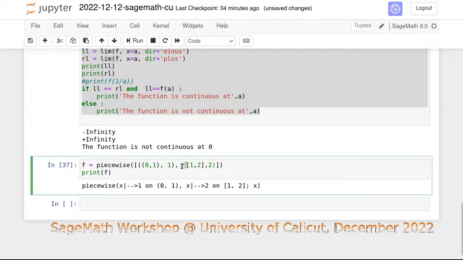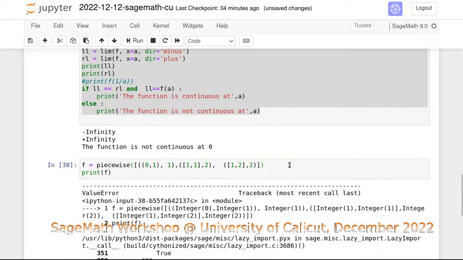So in that case, I will do something else. To define it at just 2, I will use the closed interval 1, 1. At 1, 1 also I want 2. Will it make sense?